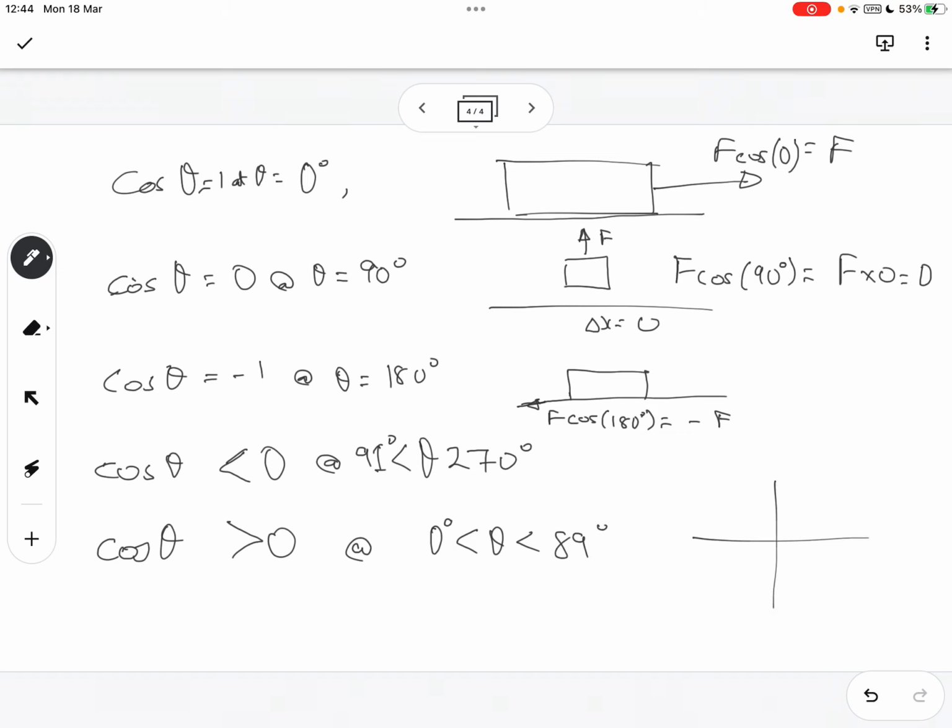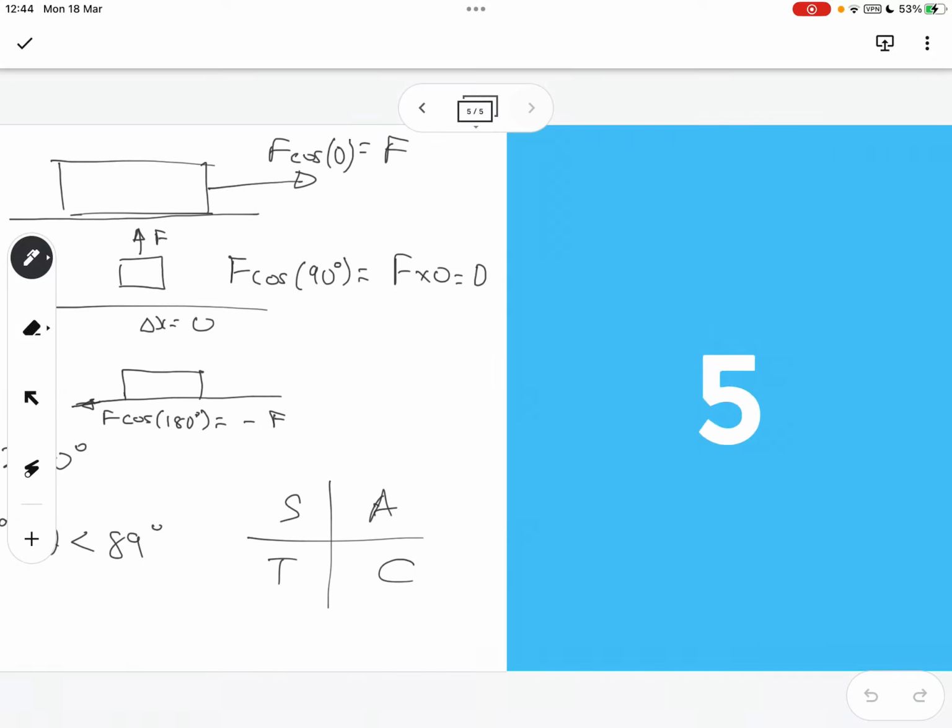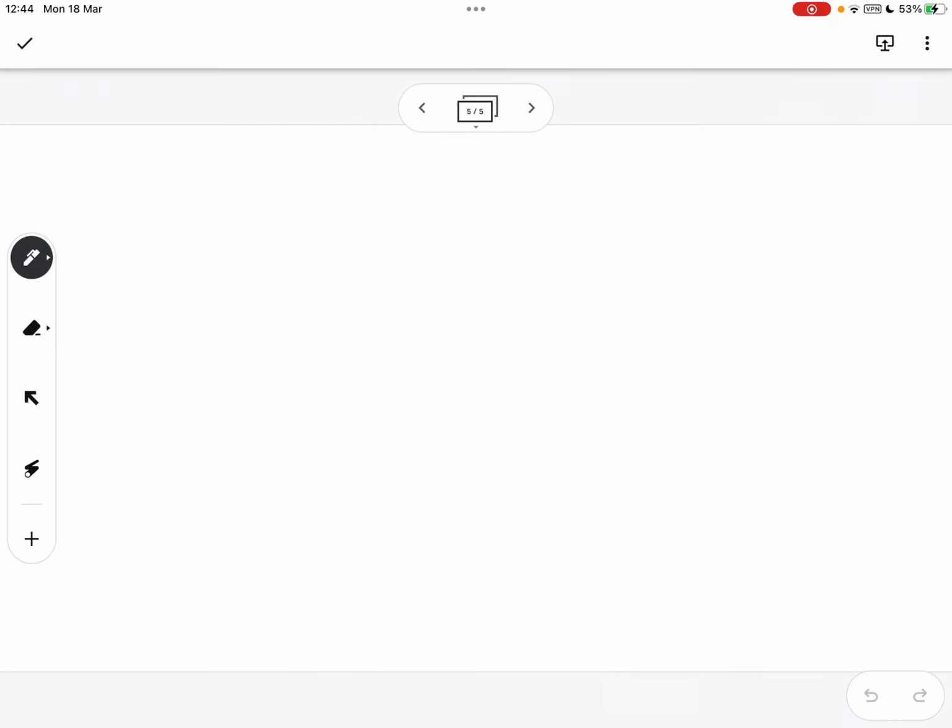So it also fits with CAST: All Students Take Coffee, with cos, all, sine, tan.